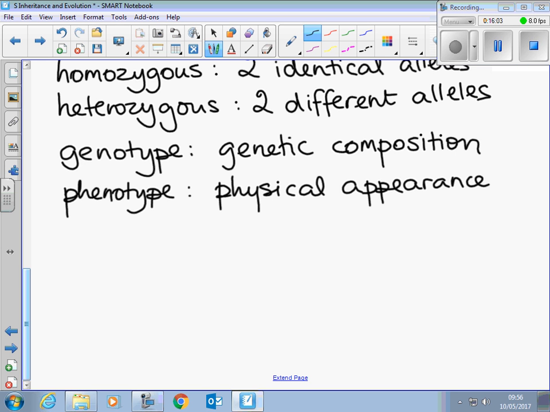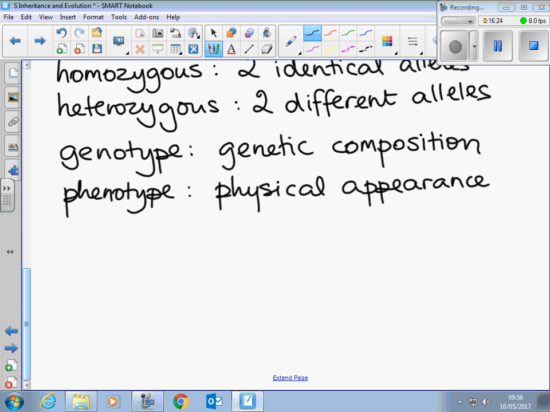We won't make it awkward as far as the exam goes. If somebody's got a particular genotype, we will assume that translates directly into the phenotype we'd expect. So we'll keep that straightforward. Now, the way that we write all this down, because we can't just write it out in words, is to use letters.